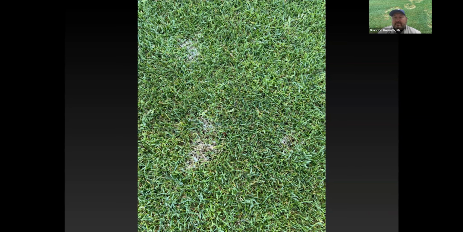But in taller canopies, if you're in a lawn care situation, you're going to see larger areas of mycelial growth. And that's largely because of the shading and the microenvironment created by that higher canopy of turf. But the symptoms on the leaves are going to be very similar to what you see on a shorter canopy. But you definitely are going to see, like you see in this image, areas of white fuzzy growth, but you also see tissue that is not doing so well and is clearly displaying symptoms of attack.